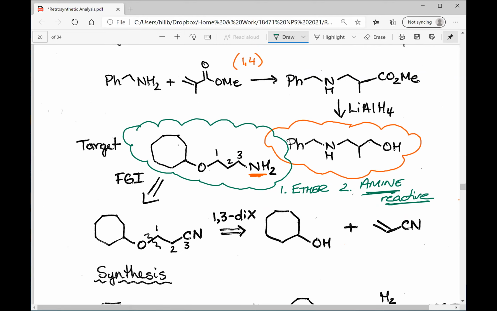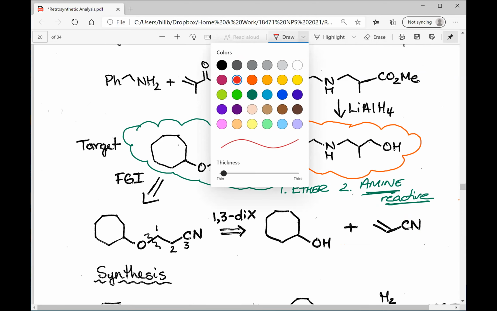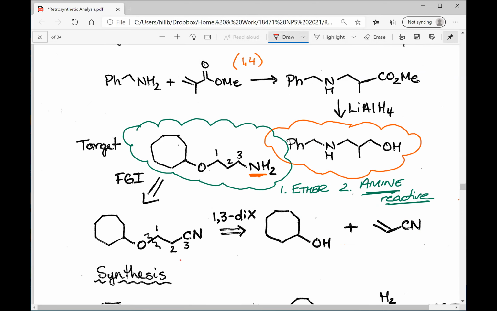But if we think back to when we were making our primary amines, our good old friend, the cyanide, and the other nice thing here is that, let's erase this for a second. If we convert carbon 3 to a cyanide, then you've got carbons 1 and 2, and they can have the double bond.